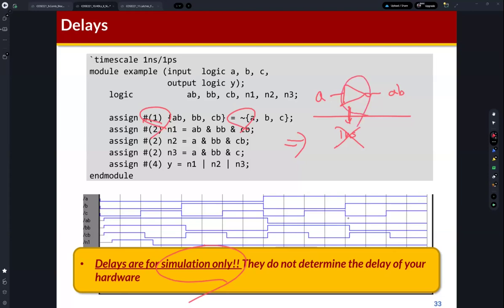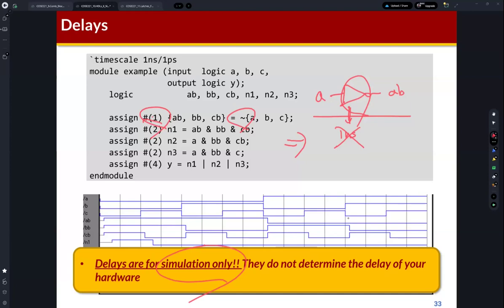The delay of the NOT gate is determined by the real circuit implementation, not this value. Actually, companies such as TSMC or Samsung, those very famous top fab companies, can fabricate the real chip, real silicon devices.